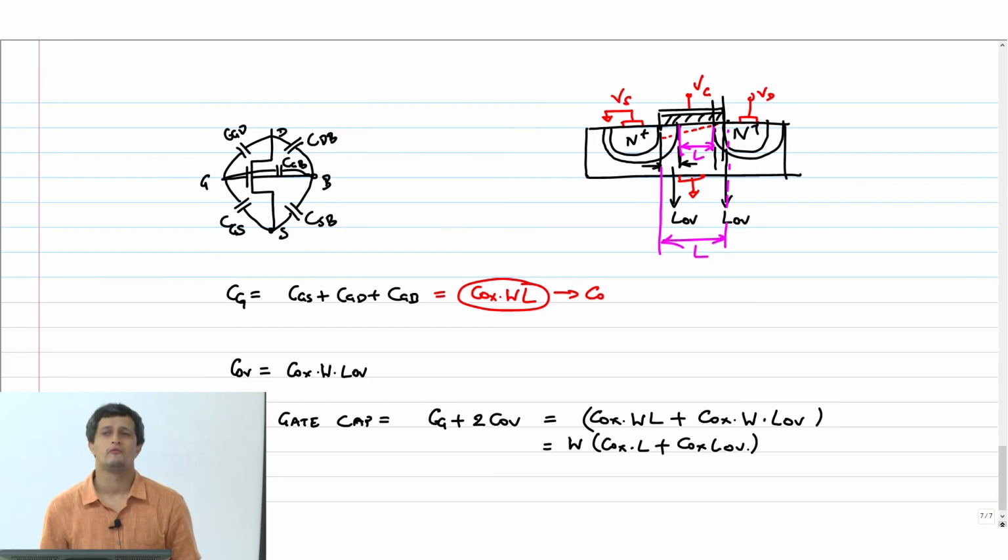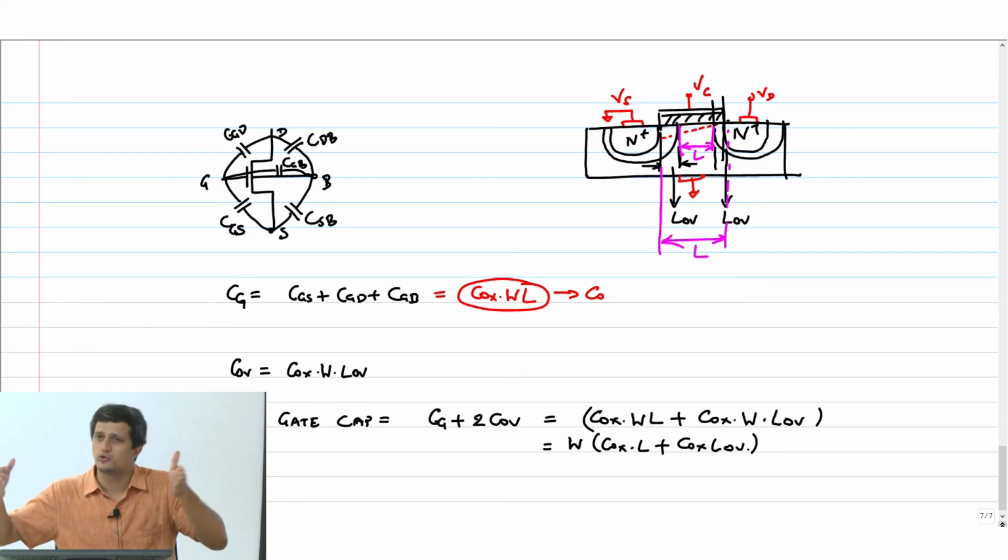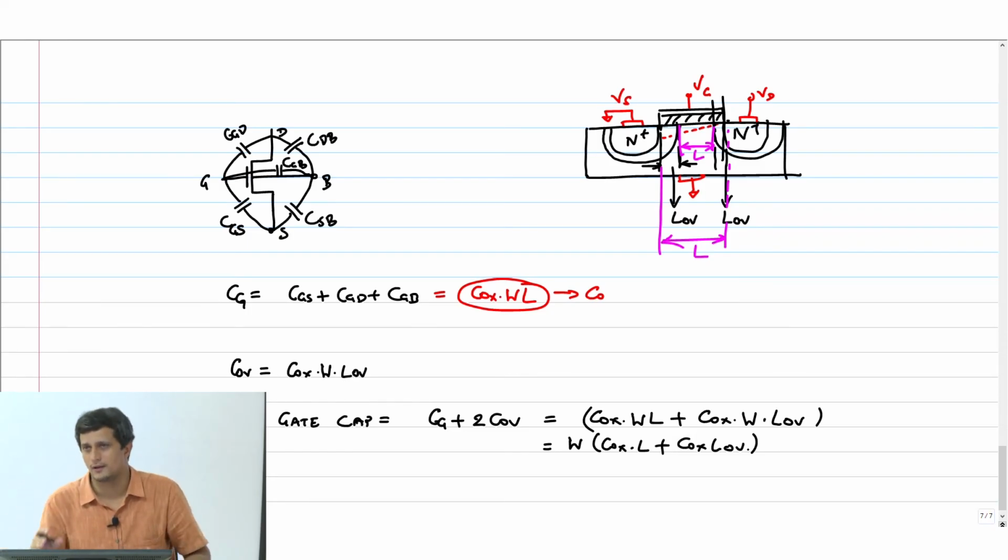So finally, when I tell you what is L, that is accounting for all this. When I say W by L, whatever L you substitute there actually accounts for all this. They may start, for example, at 20 nanometer and eventually it will come down to 14 nanometer or something like that.